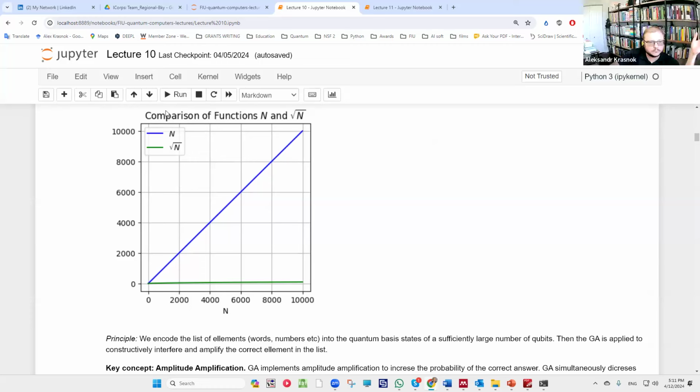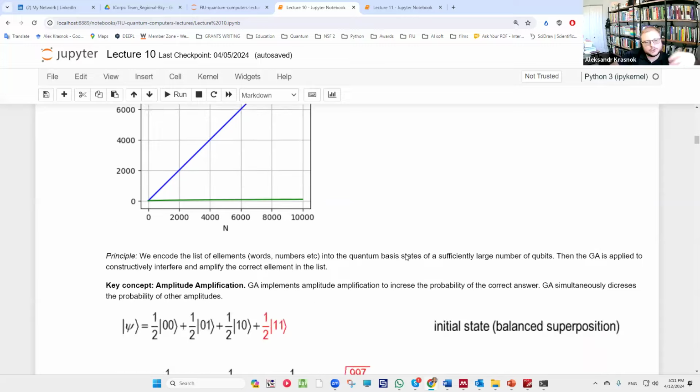If for the classical computer it needs n steps, for the quantum computer it requires the square root of n, and here is the speed up for a number of elements of 10 to the power of 4, so basically 10,000 elements at least. The quantum computer will do this procedure much faster.